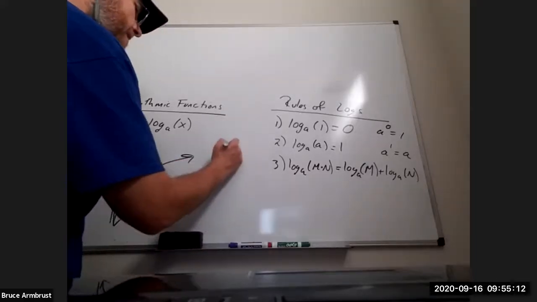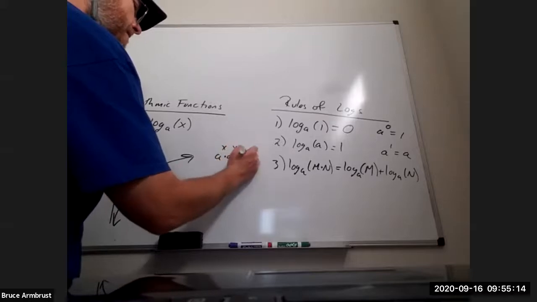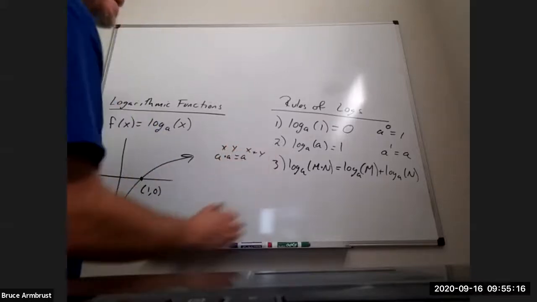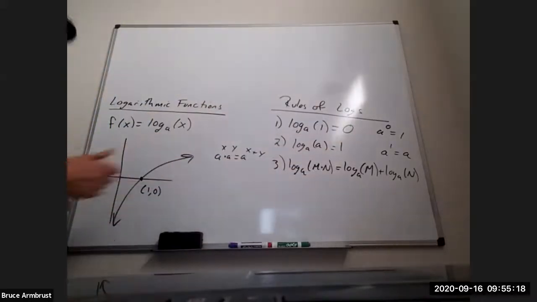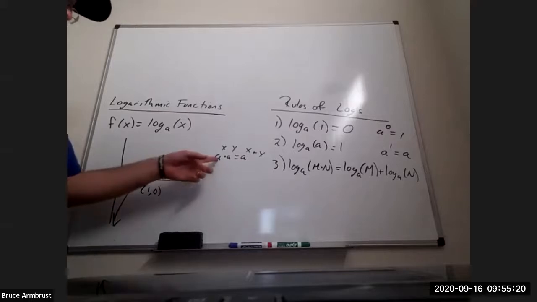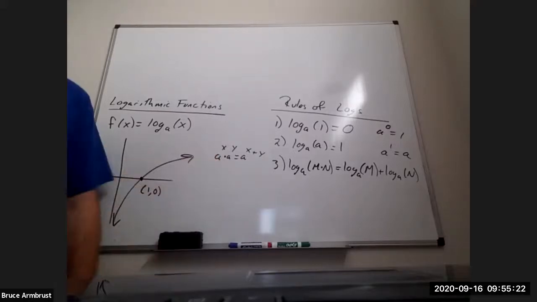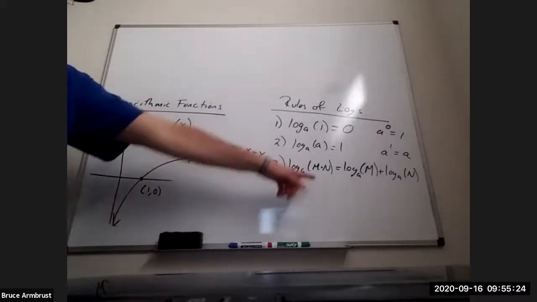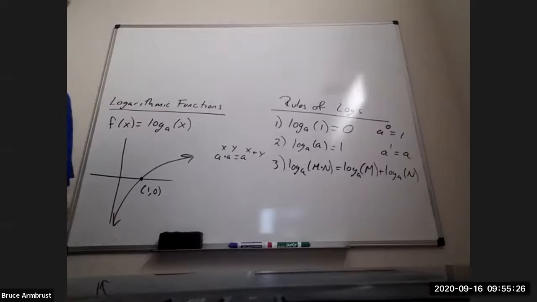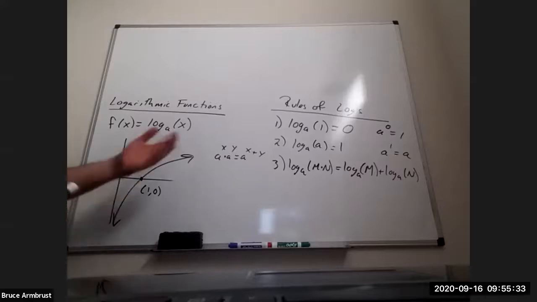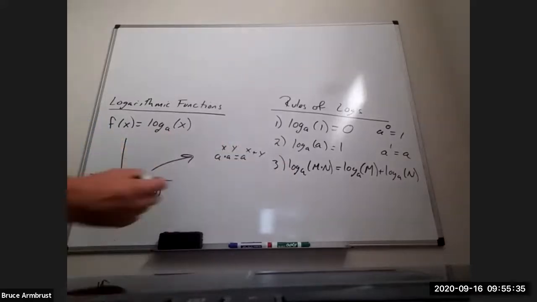This really comes from the rule of exponents that when you multiply exponentials, you add exponents. That's where this comes from. I'm not going to prove it, but if you want to see it sometime, you can hop on office hours and we'll chat about it. But this is the corresponding rule.